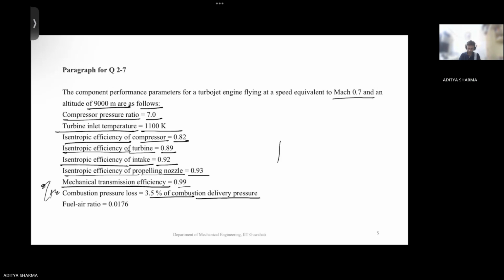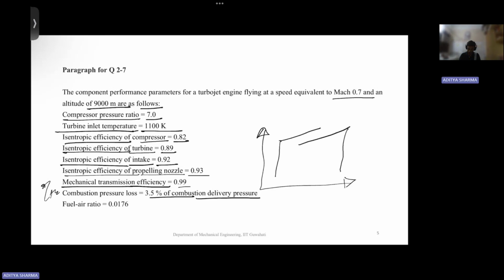If you remember, if this is your TS diagram, if this is your compressor, then it goes like this. From here with combustion, you have pressure loss. Here we have the turbine, combustion chamber, compressor. Here this is P02, this is P03.